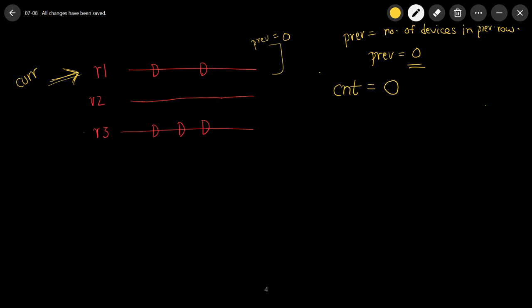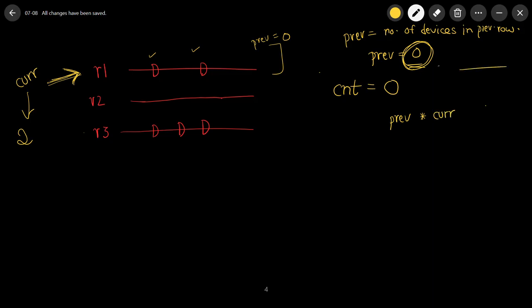So we go to the current, we check how many devices are there. We see that there are two devices. And we also see our previous has 0. That is, in the previous row, we had no devices. So the number of beams, as I told you, is nothing but previous into current.